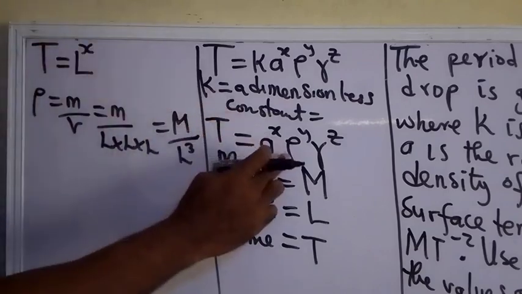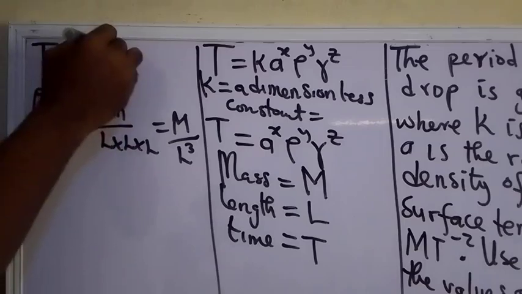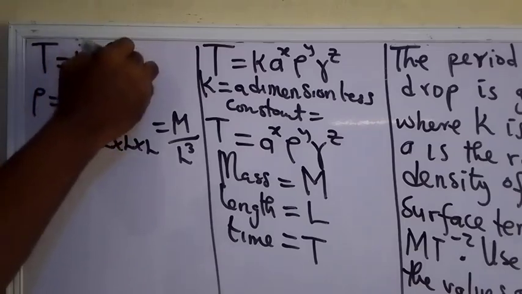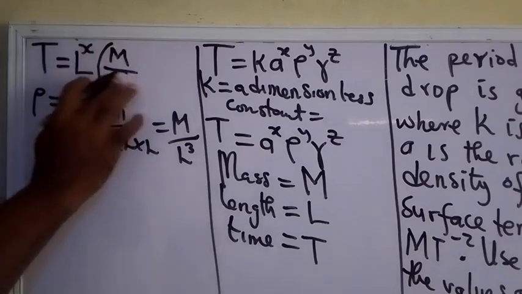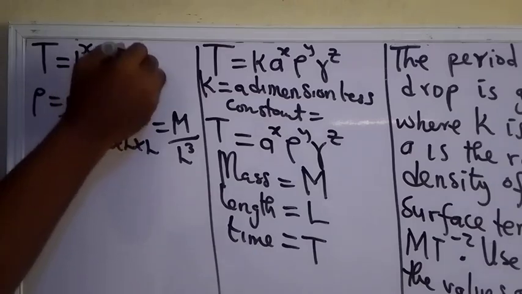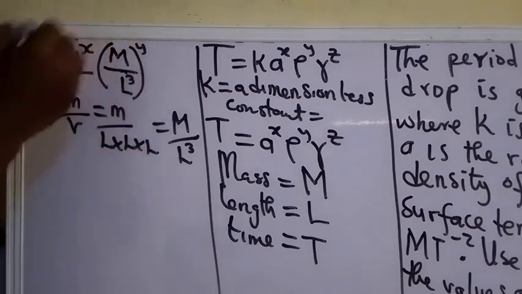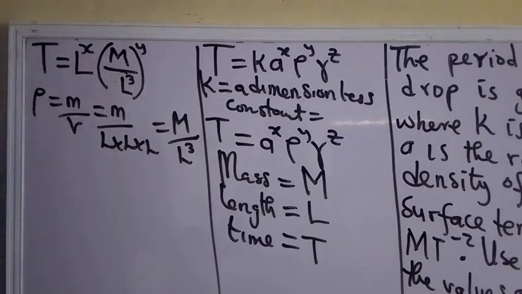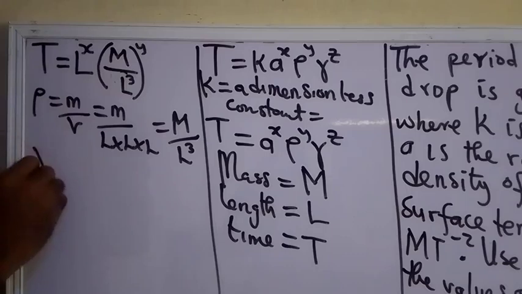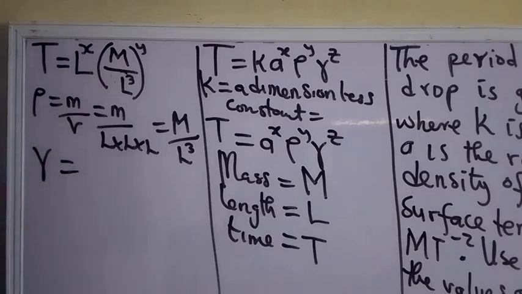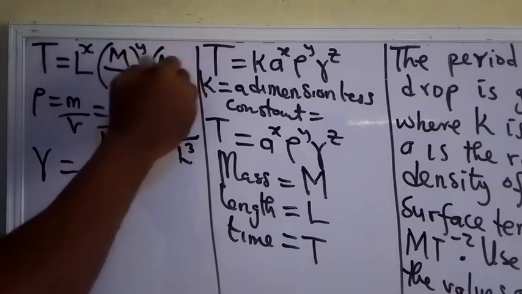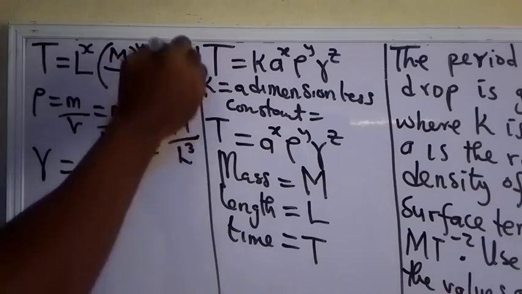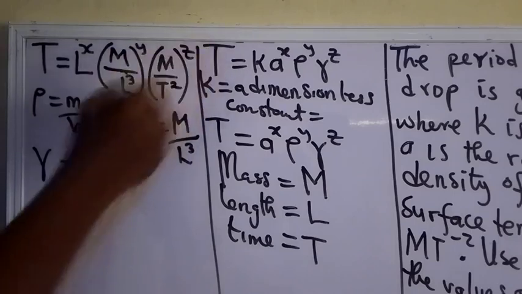So in place of density, we put mass over L cube, all raised to power Y. Now, tau, which is force per length, we've been told it is M over T raised to power 2, all raised to power Z.